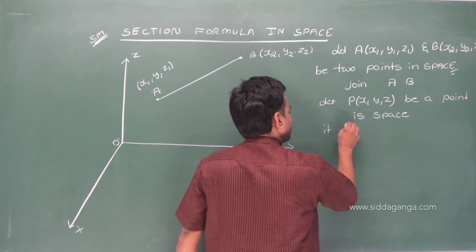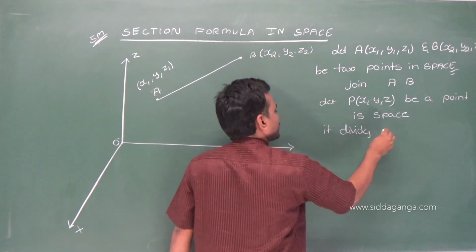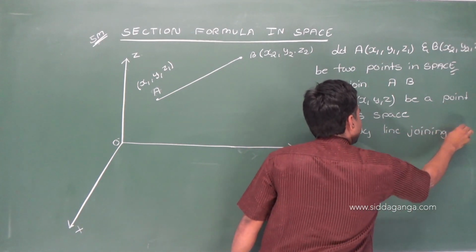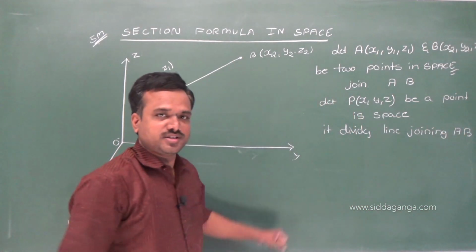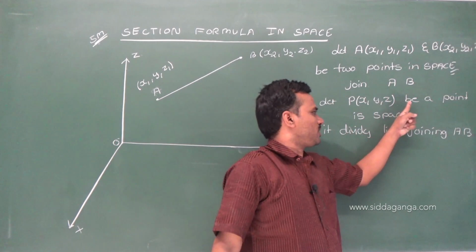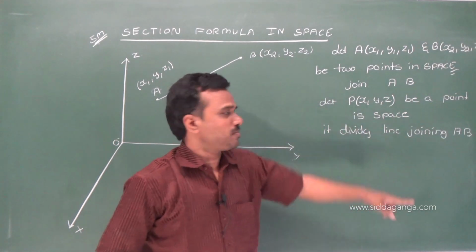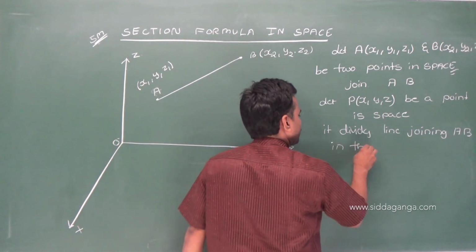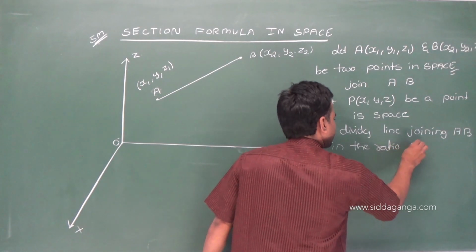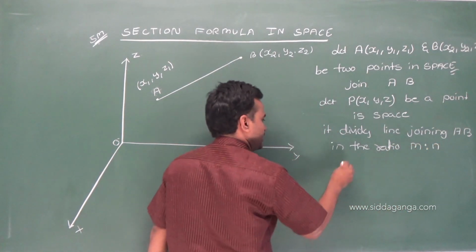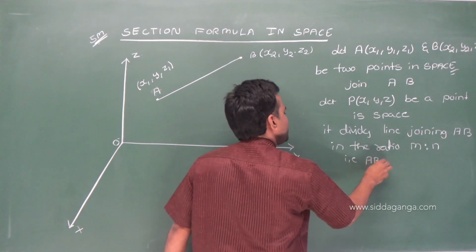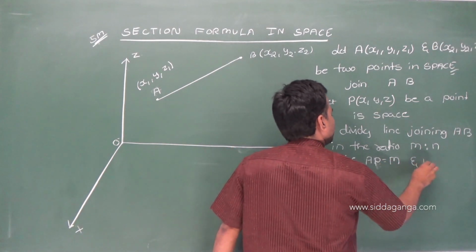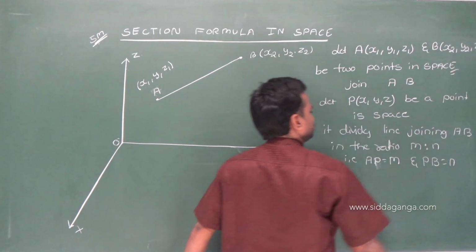It divides the line joining AB in the ratio m is to n. That is, AP is equal to m and PB is equal to n.